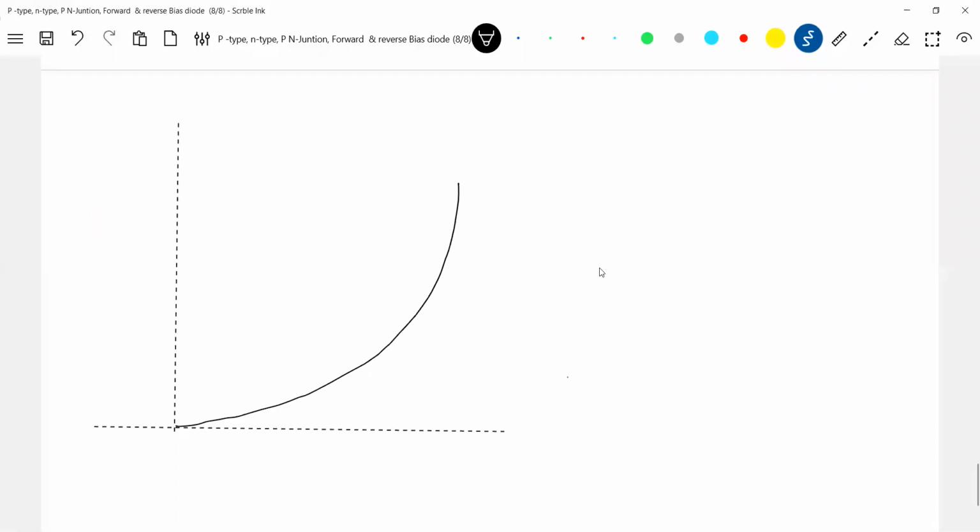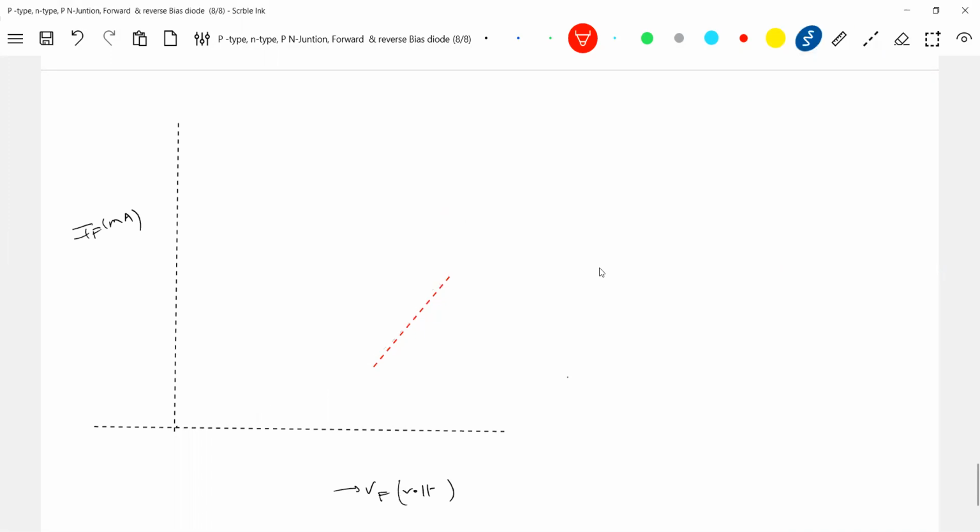This is the forward current in milliamperes, and this is the forward voltage. Somewhere you can see there will be a sharp rise. Afterwards, it starts rising sharply.